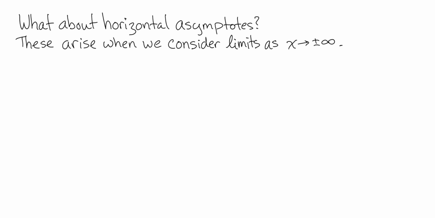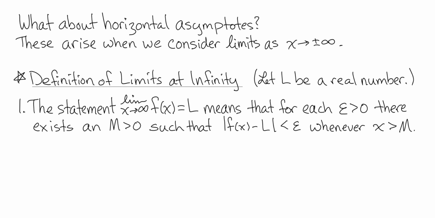What about horizontal asymptotes? These arise when we consider limits as x approaches infinity or negative infinity. So let's take a look at our definition. The definition of limits at infinity: if we let L be a real number, the statement, the limit as x approaches infinity of f of x equals L, means that for each epsilon greater than 0, there exists an m greater than 0, such that the absolute value of f of x minus L is less than epsilon whenever x is greater than m.